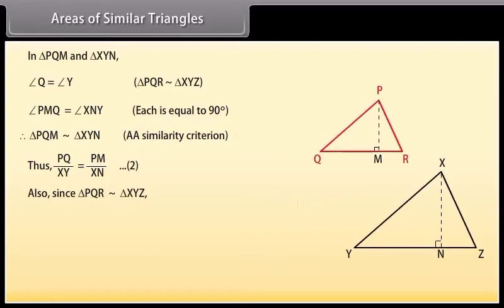Also, since triangle PQR is similar to triangle XYZ, PQ upon XY equals QR upon YZ, which is equal to RP upon ZX. Mark it as 3.